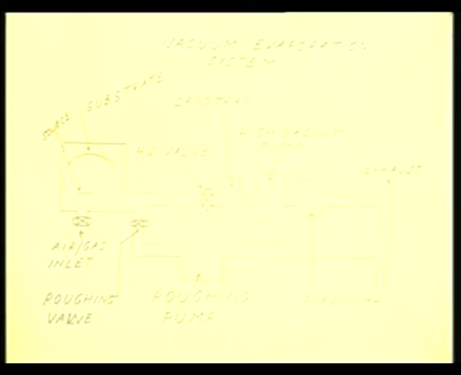So, what happens is, to begin with, you have the roughing pump. You open the roughing valve and you let the roughing pump create a rough vacuum of about 10 Pascal.